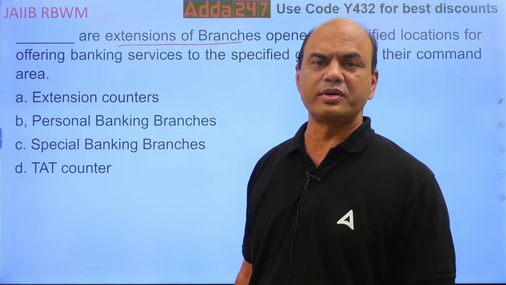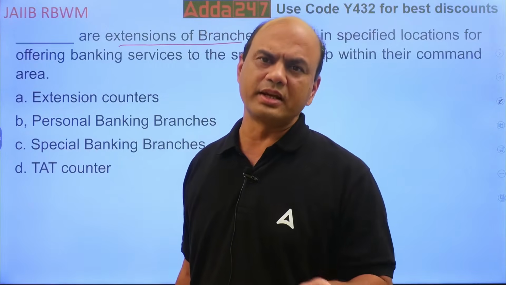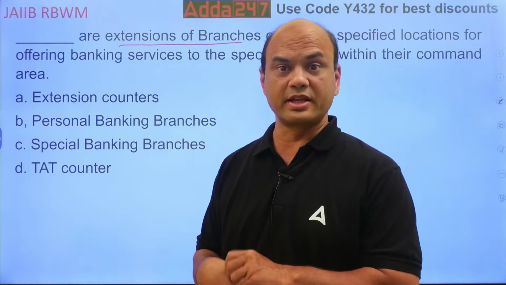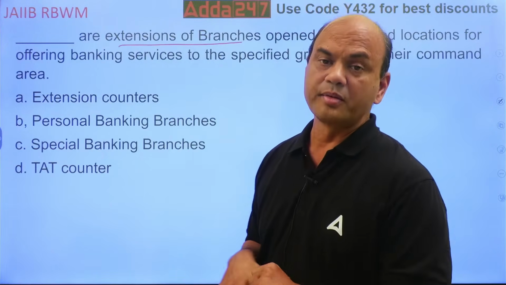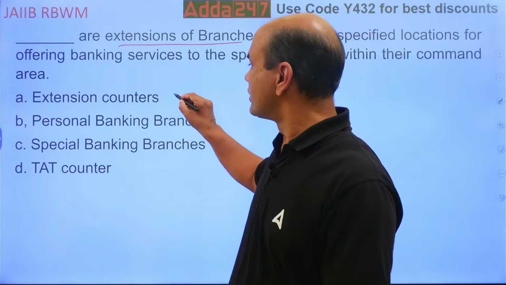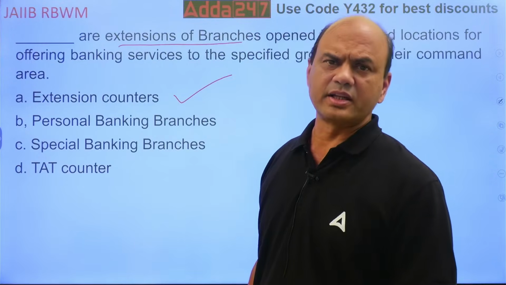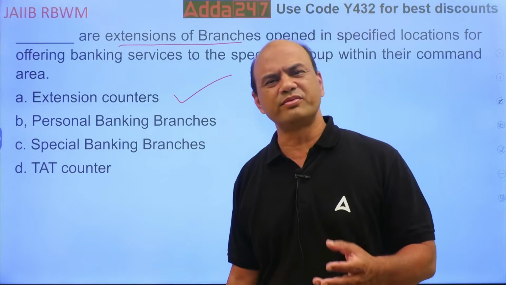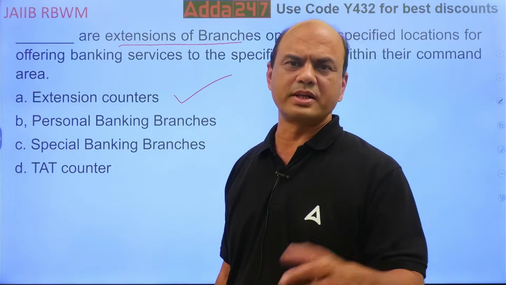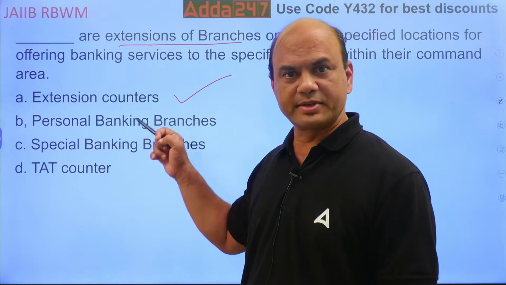An extension counter means a sub branch. That extension counter normally deals only in liabilities. Normally, I'm not saying always. It can deal in assets also, but normally it deals in liabilities. Nowadays banks have very few extension counters left, as everything is converted into branches, but still this concept is there.